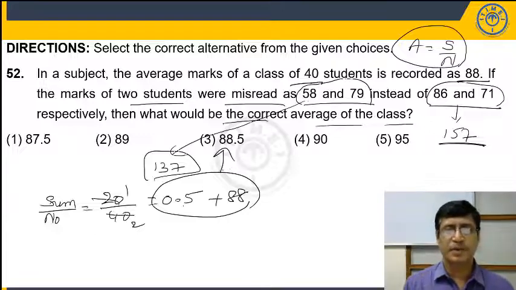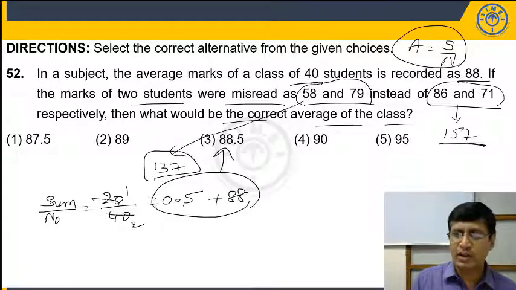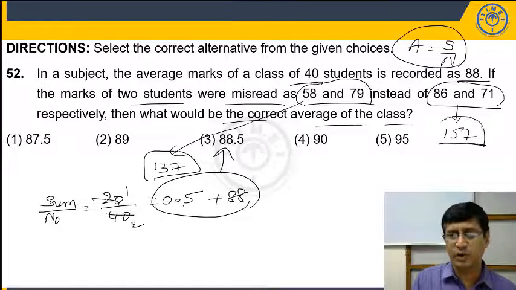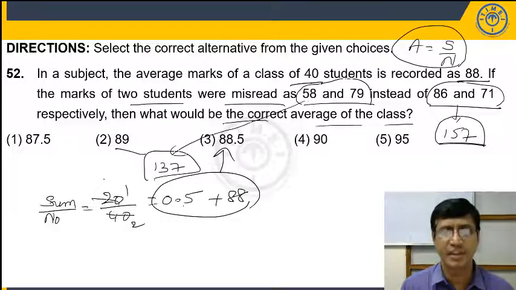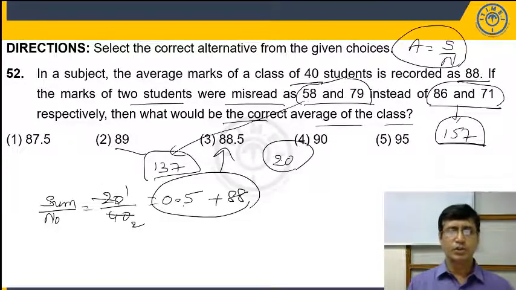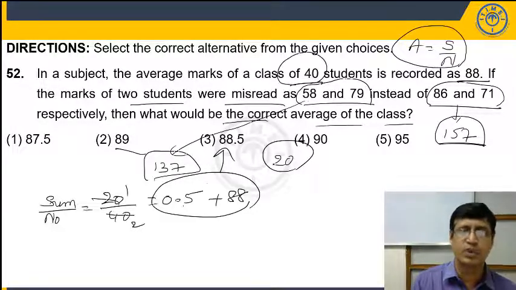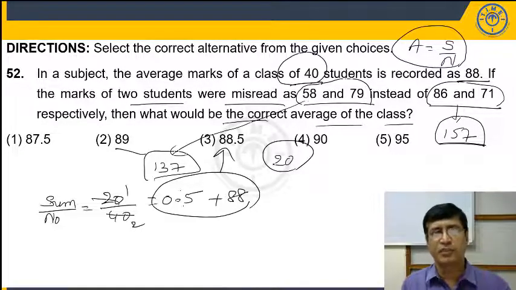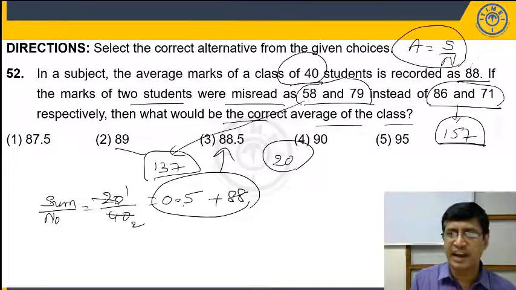Am I clear? So actually he had to add 157, but by mistake added 137, meaning he added 20 less than the actual value. So what is the effect of 20 on the whole 40 students? It affects the average by 0.5. So just add that 0.5 to this, you will get 88.5.